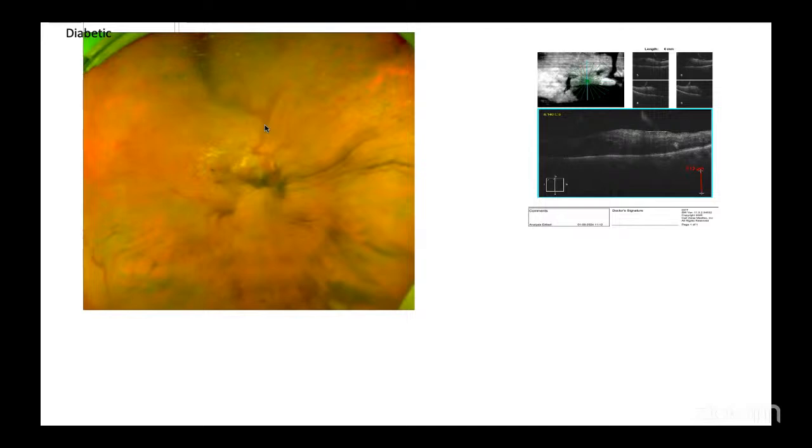So I'll take a history of how much time since this vitreous hemorrhage occurred. If it's type 1 diabetes, I can wait for 1 month, and if it's type 2, I can wait for 3 months. Then I can go for vitrectomy.